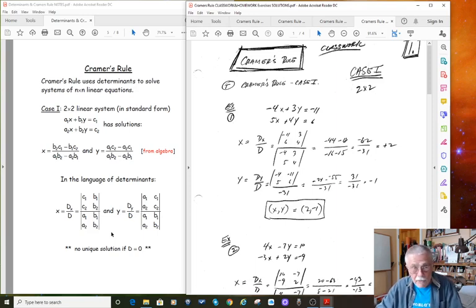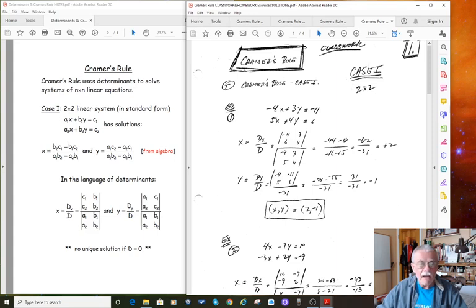Now, here's what Cramer noticed. I don't know much about him historically. He may not have even been the first man to notice this, but he's the one who gets credit for it. He noticed that if you look at the denominators, first of all, they're the same. And if you look at the a1, b1, a2, and b2, you will notice that a1b2 minus b1a2 is simply the determinant of the coefficients.